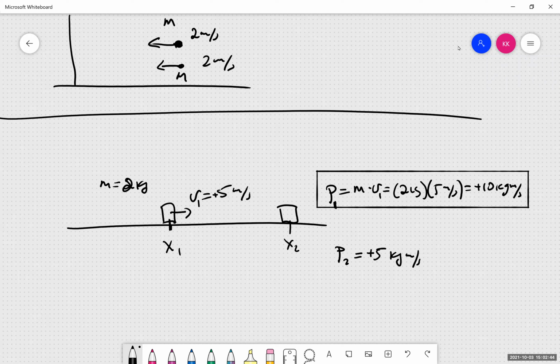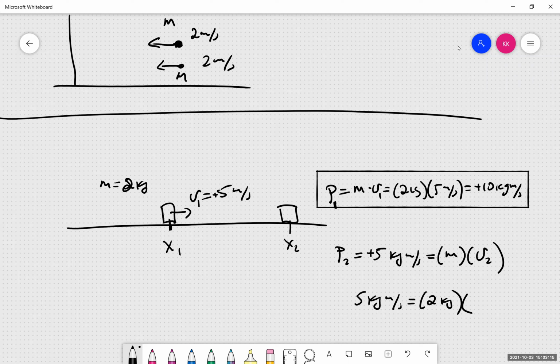All right, so remember, momentum is still the same quantity in terms of mass times velocity, but this is mass times velocity at point 2. Now, we already know that the object has a mass of 2 kilograms. That means the new momentum at point 2 is 5 kilogram meter per second, assuming that it doesn't change its mass. That means the only reason its momentum decreased is because its speed decreased.